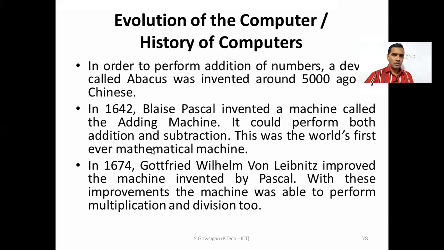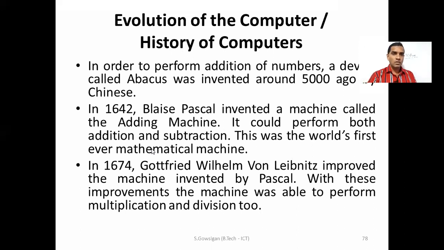So this man, Gottfried Wilhelm Leibniz, didn't invent a new machine. What he did was modify this Pascaline in order to include the remaining two operations. What are the two remaining operations? Division and multiplication. So he modified the Pascaline and included these two additional features, multiplication and division.